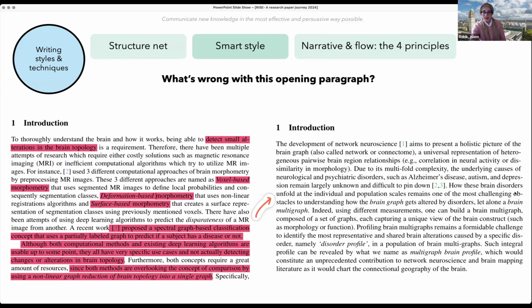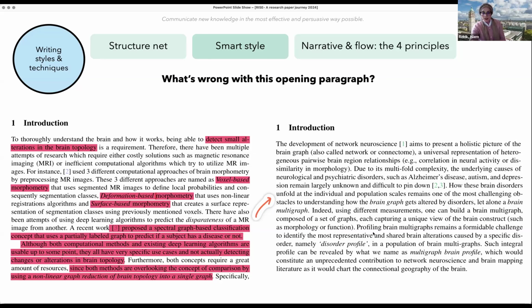And basically there are several challenges to understanding the brain graph and how it changes with disorders, let alone the brain multigraph. So what is a multigraph? Here it's in italic, we define it. The multigraph is basically composed of different graphs, and each graph will capture a particular view of the brain system, such as morphology or function, okay?